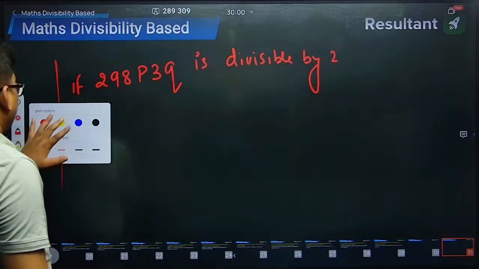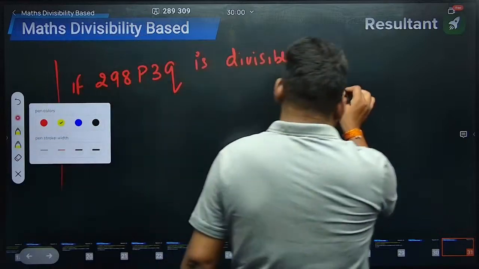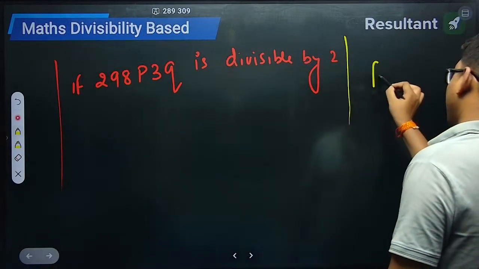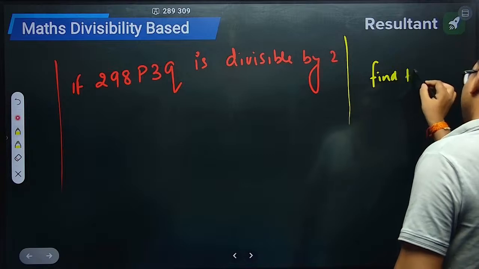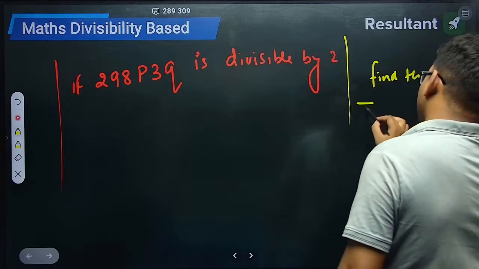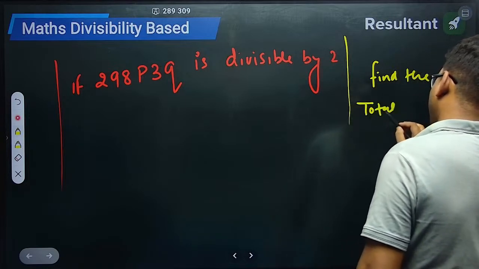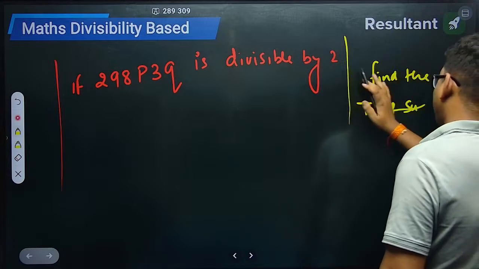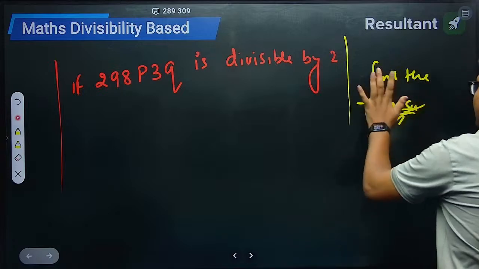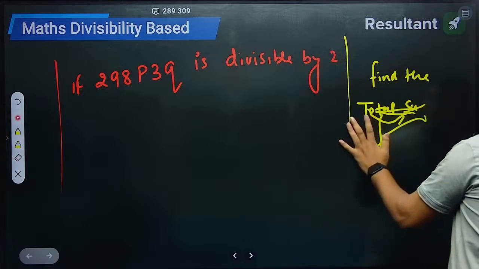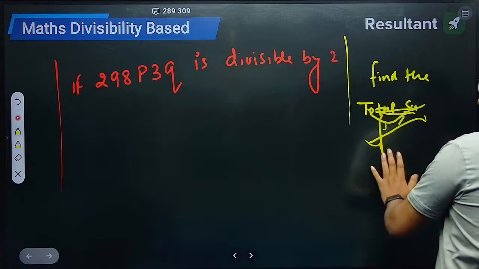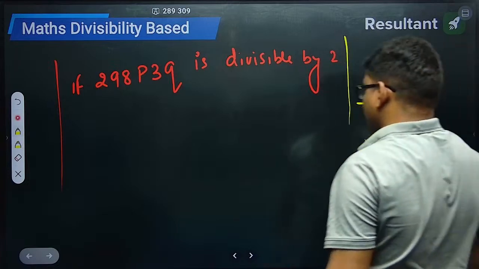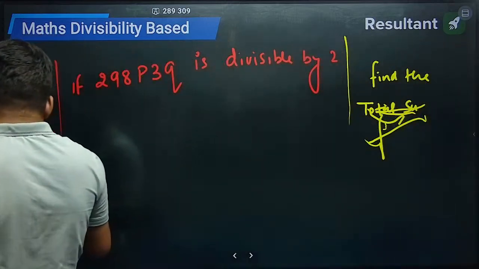So now the examiner wants to know one thing: find the total sum of values of... how will we erase it? Never mind, we will use the eraser here.